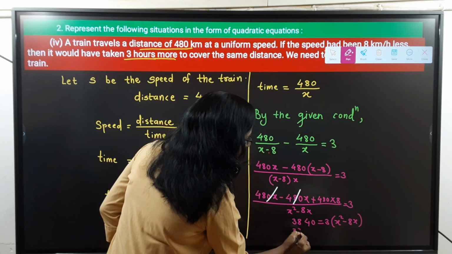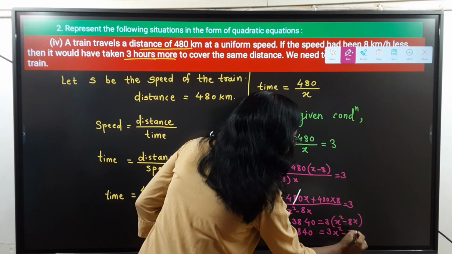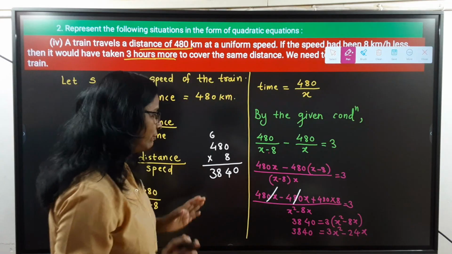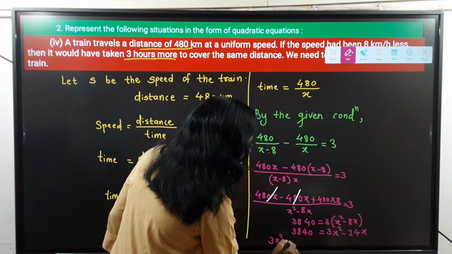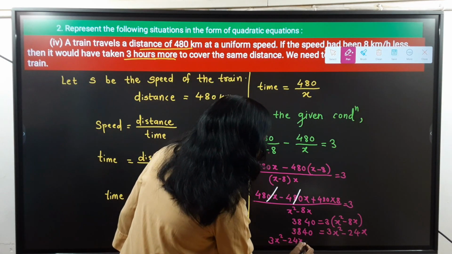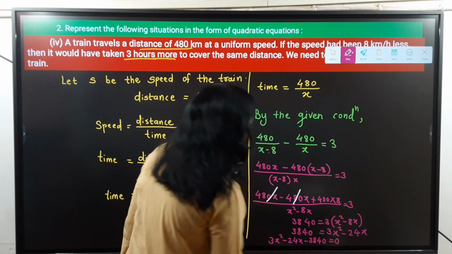So 3840 is equal to 3x square minus 24x. So finally we say that 3x square minus 24x minus 3840 is equal to 0.